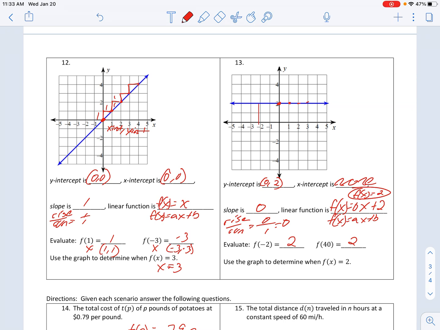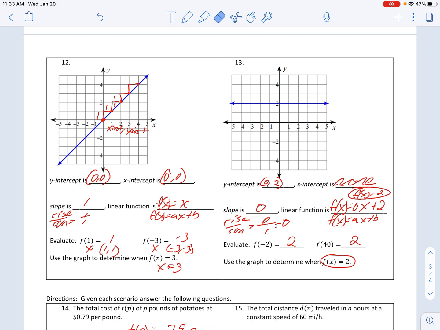Now, the last one there is saying, what is the input when the output is 2? What is the x when the y value is 2? And the interesting thing about this one is there's more than one answer here, okay?